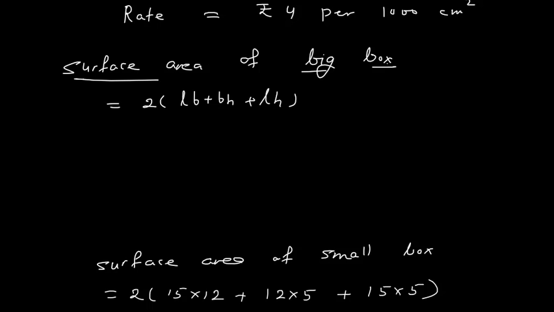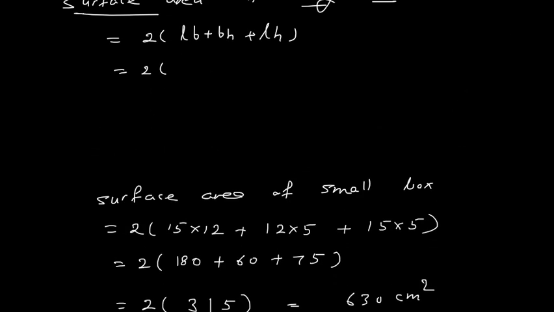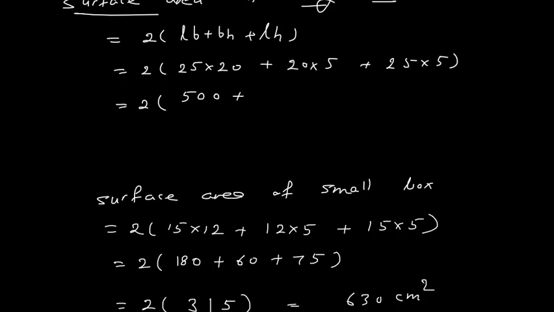Surface area of the larger box is 2 into length 25 into 20 plus 20 into 5 plus 25 into 5. So this is 2 into 25 into 20, that is 500.